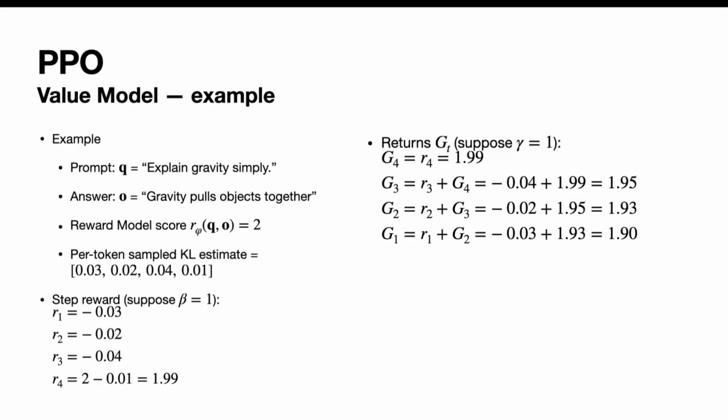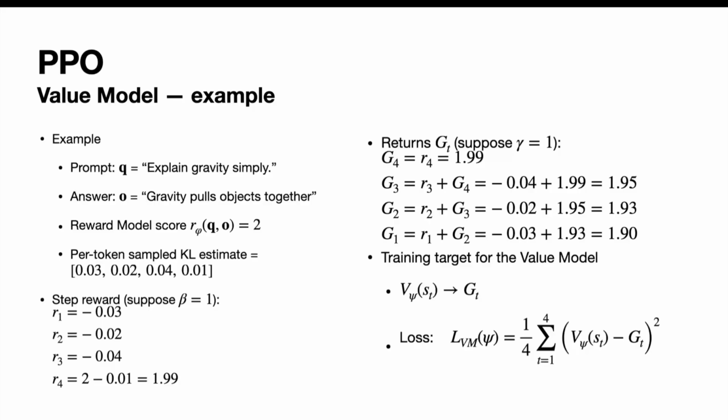G_2 equals r_2 plus G_3 equals minus 0.02 plus 1.95 equals 1.93. And finally, G_1 equals r_1 plus G_2 equals minus 0.03 plus 1.93, which equals 1.90.